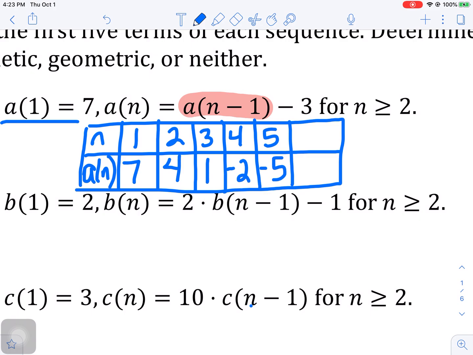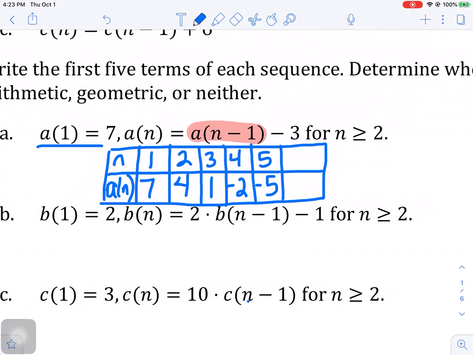Hopefully I did that correctly. 7 minus 3 is 4, minus 3 is 1, minus 3 is -2, minus 3 is -5. Okay, so that looks very arithmetic to me.